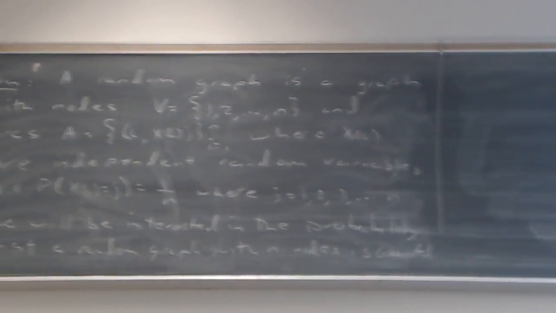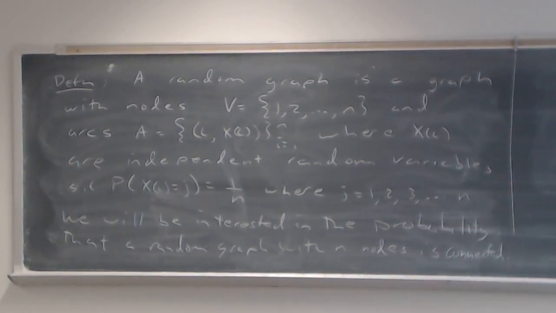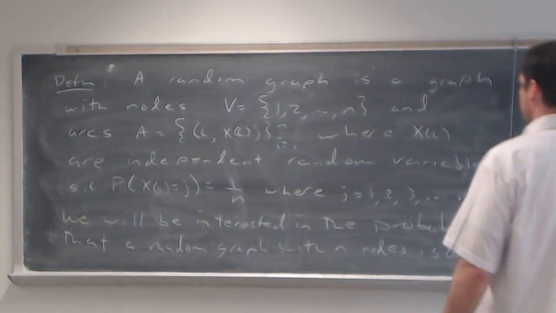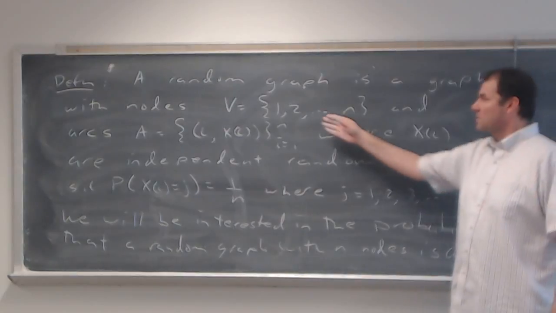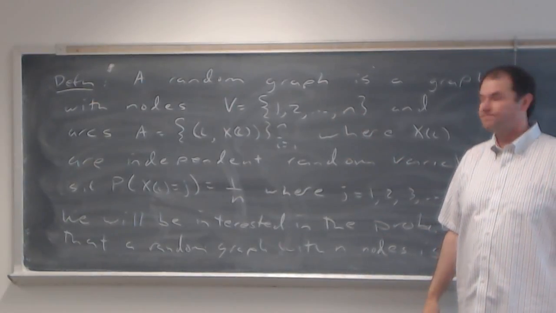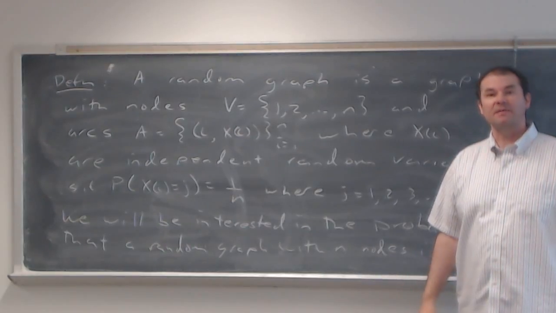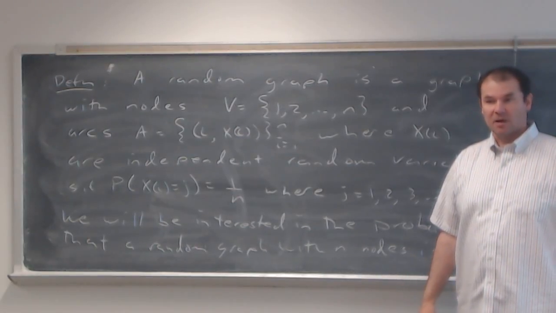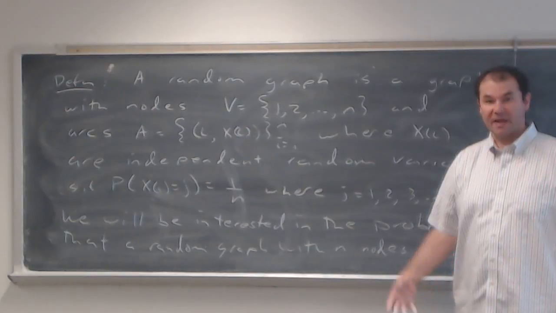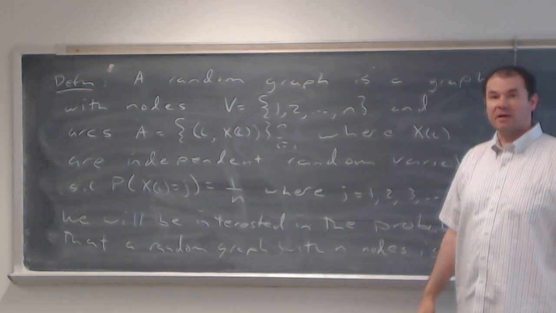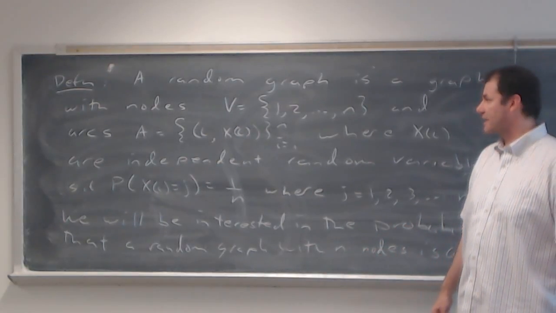Okay, so I'm going to write this down in just a second, but before I leave this, here is what we think of for a random graph. A random graph has n nodes in it, and we can think of it like a random experiment. So you roll a dice. You have an outcome, and each one of the outcomes is equally likely to happen.